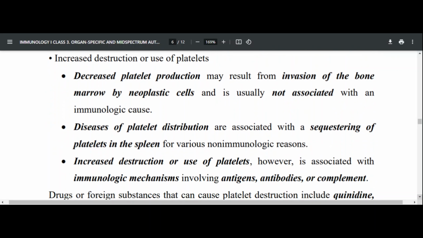For example, antigen and antibody, such as human platelet antigen 3A or 1A. Those are the specific antigens and antibodies that are normally targeted by the immune system.